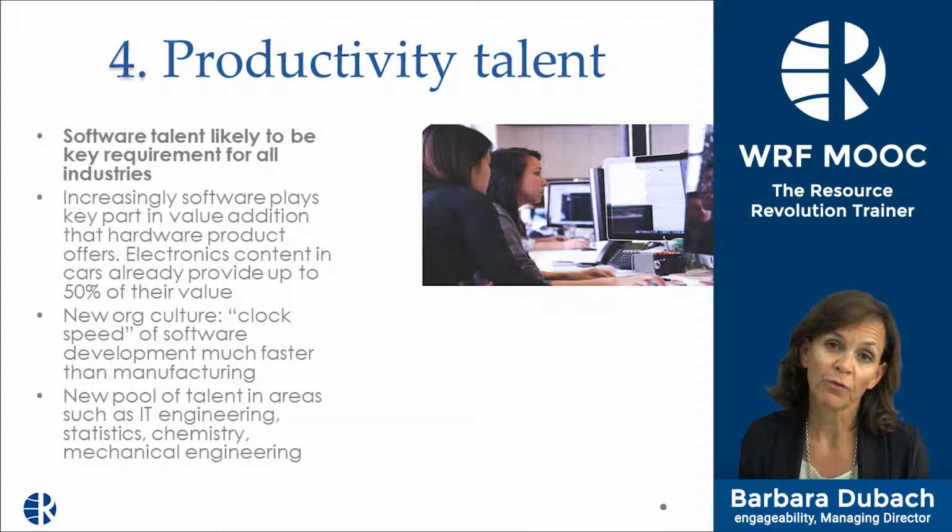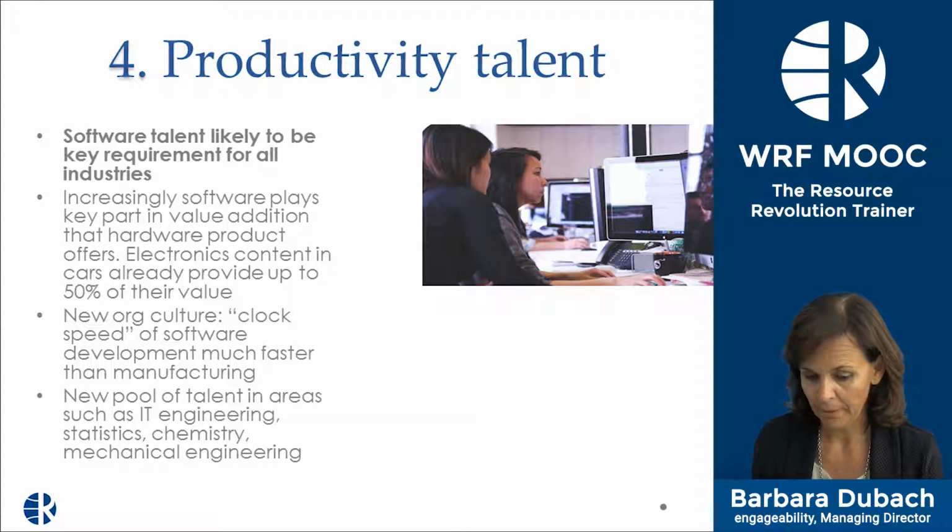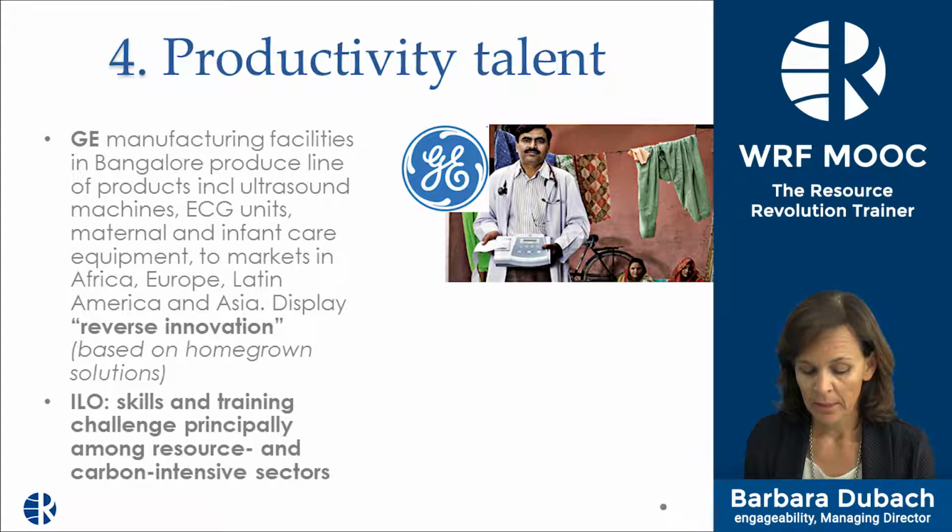In order to find a new pool of talent in areas such as IT engineering, statistics, chemistry, mechanical engineering, and so forth, companies may need to turn to the BRIC countries, which are Brazil, Russia, India, China, and South Africa. An example of a company using talent from emerging markets is General Electric.